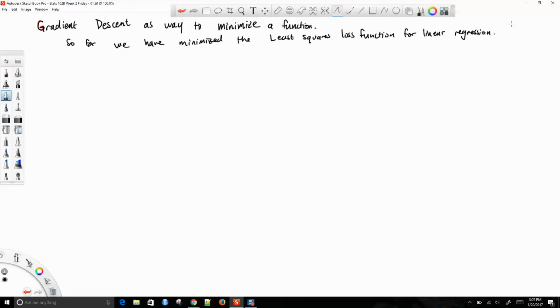Okay. So I want to show an example of us using gradient descent to minimize a different loss function in a different context. Okay. So I will show you another use.